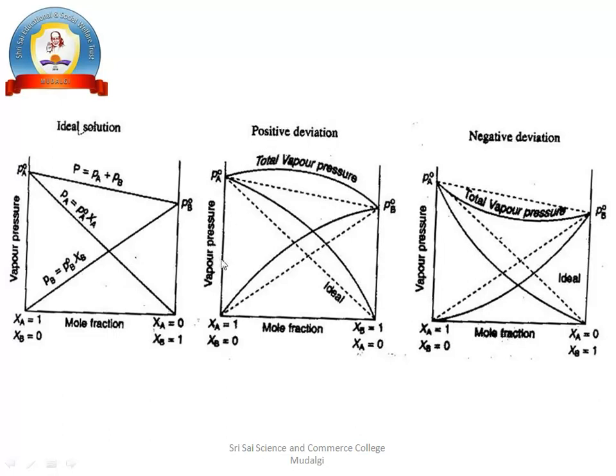Remaining it is the same: vapor pressure versus mole fraction, with vapor pressure on the y-axis and mole fraction on the x-axis. Now for negative deviation, the vapor pressure is lesser than that of the ideal solution. So the dotted line here is the same as the ideal solution, but the vapor pressure is lesser compared to the normal ideal solution. So this is the representation for negative deviation.